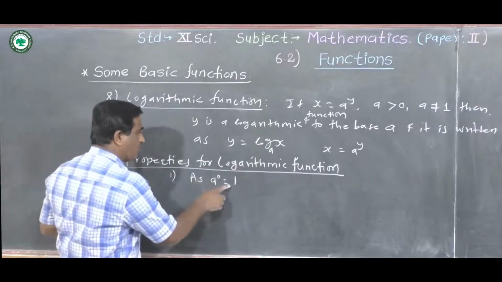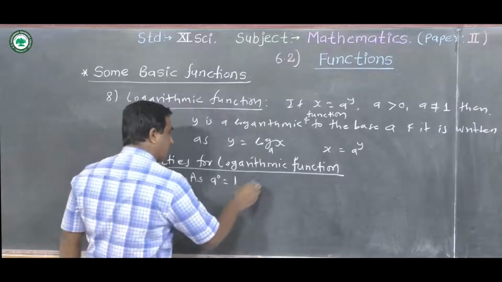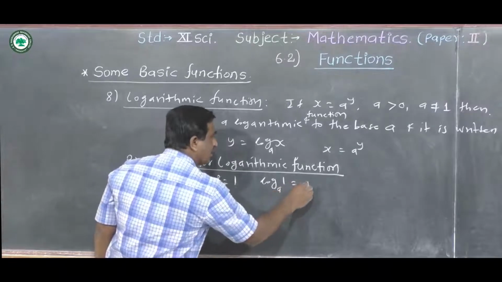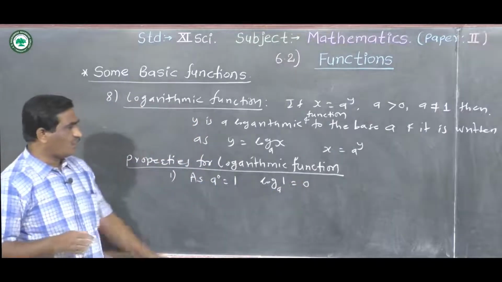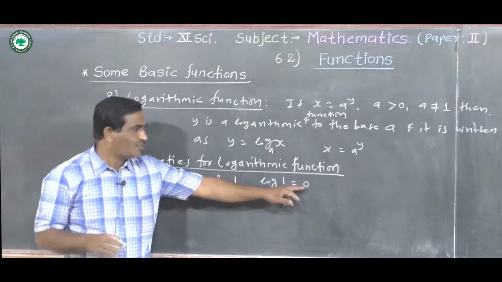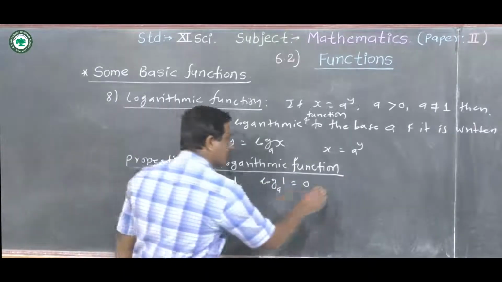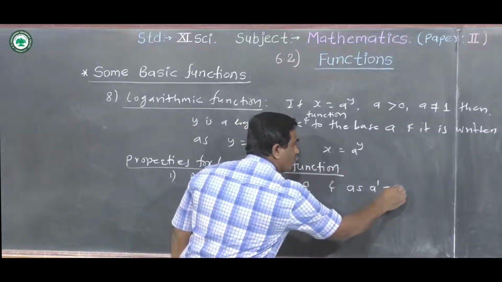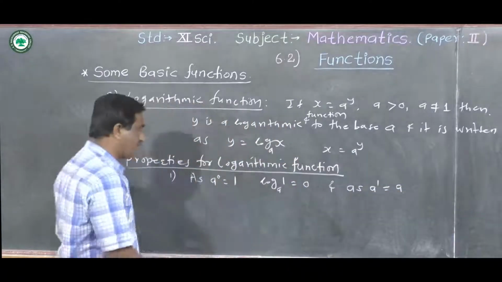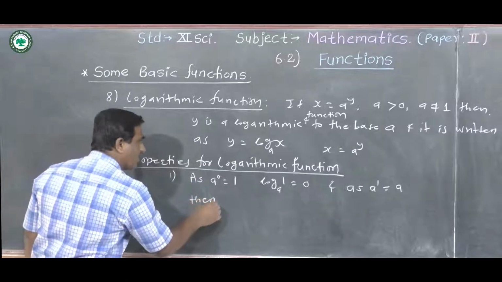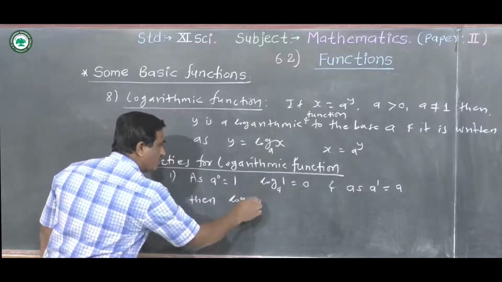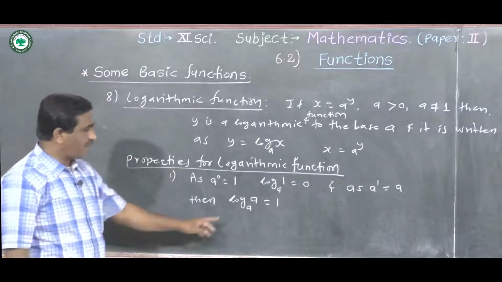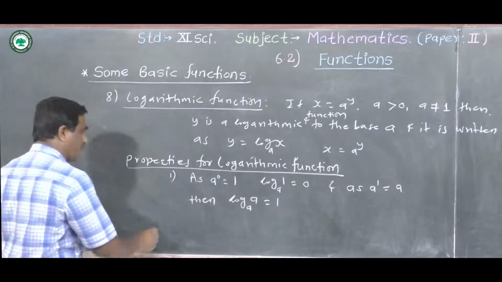Therefore, log 1 to the base a is equal to 0. And as a raised to 1 is equal to a, then again by definition of logarithm, log a to the base a is equal to 1. This is the first property.